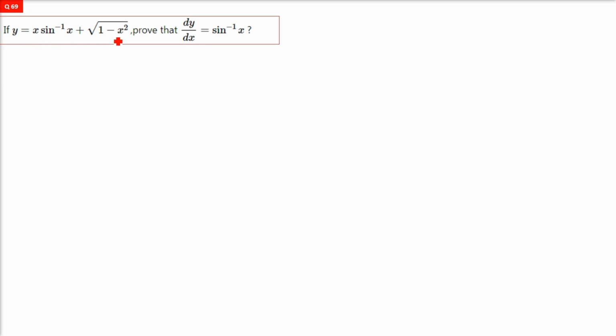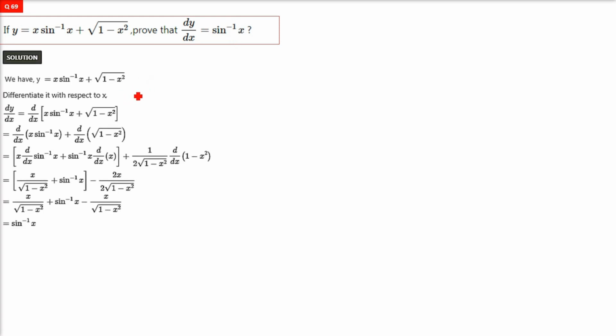If y is equal to x sin inverse x plus under root 1 minus x square, we have to prove that dy by dx is equal to sin inverse x. Now how you have to write, that is, we differentiate, and wherever it is product rule or chain rule, whatever comes you have to write. And we have to give the resultant as sin inverse x. So when we perform dy by dx, the first one is x sin inverse x.